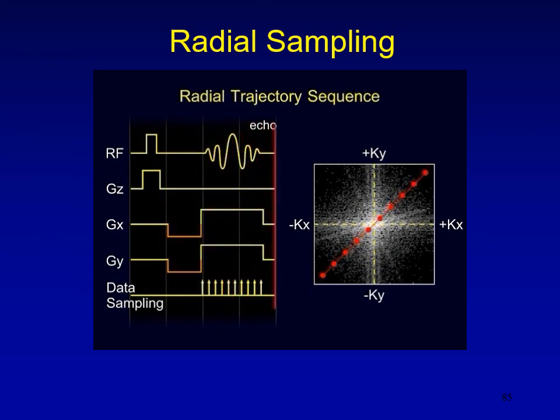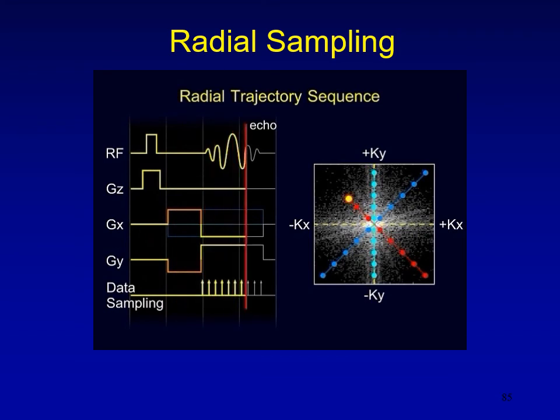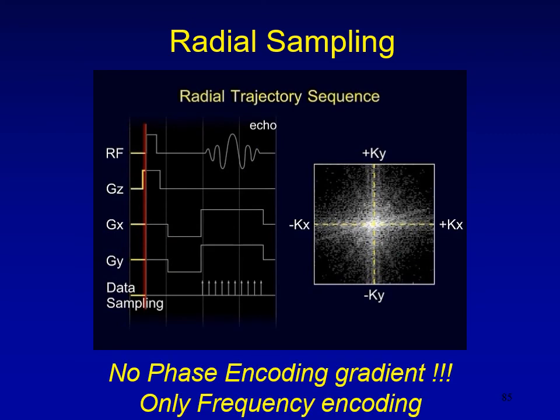So the trajectory through k-space is always through the origin using this radial pattern. So there is no real phase encoding gradient, only frequency encoding, and both frequency encoding gradients are applied at the same time. It allows for faster scanning.